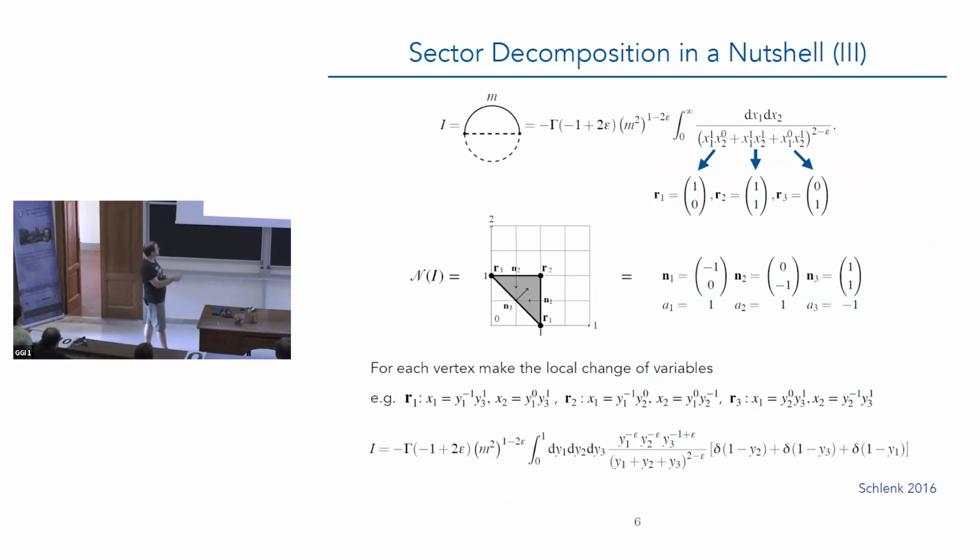These normal vectors give you exactly a change of variables that will factorize the singularities. So they sit out front and then give you a polynomial here that, when you integrate out each of these deltas, will not vanish anywhere on the boundary for the y's going to 0. So this is just the idea. This viewpoint will come in helpful later.